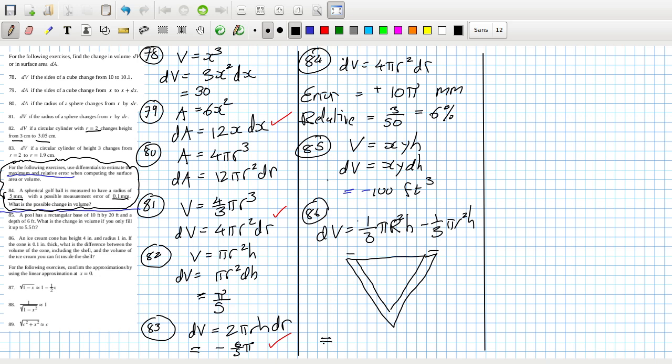Ice cream cone, height 4 and radius 1. Okay, 1/3 pi, the height, what's the height? 4, and then 1 squared minus 0.9 squared. 19/75 pi, 0.7958, etc. inches cubed.